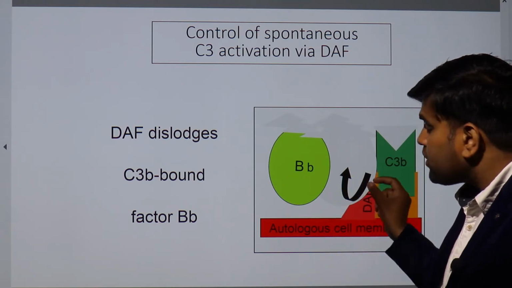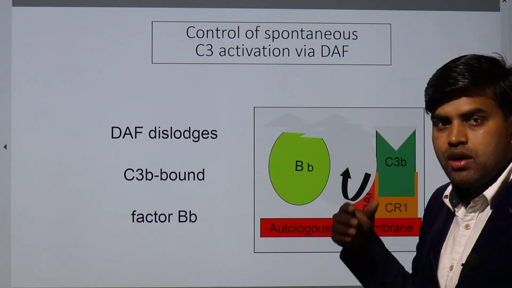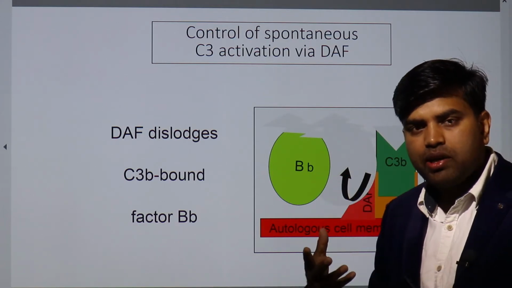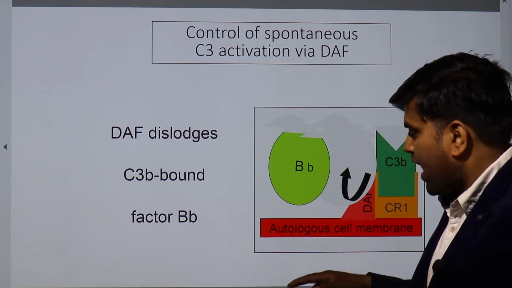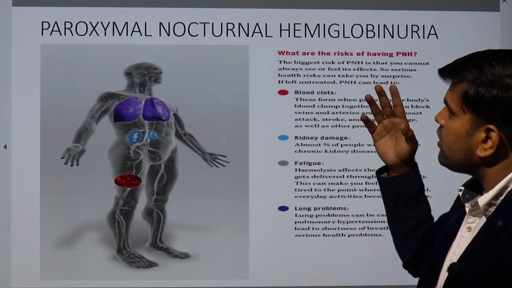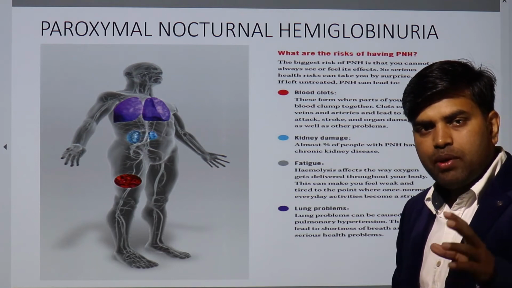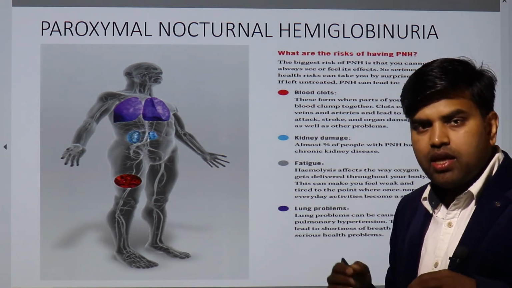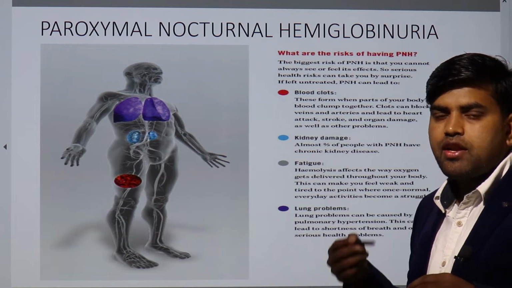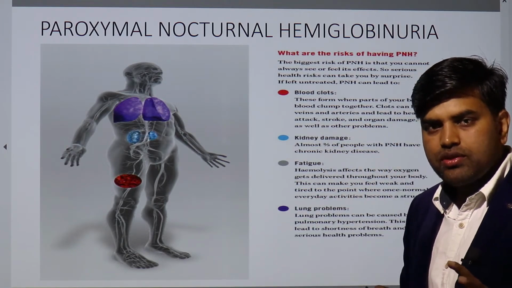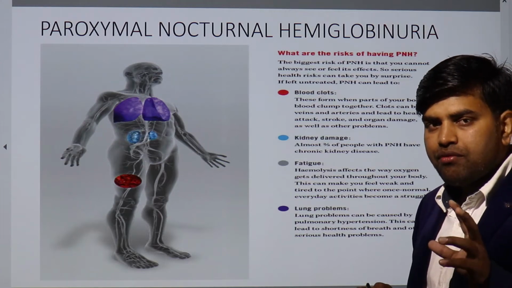If we remove the DAF protein, or if there is a congenital deficiency of DAF protein, then the alternative pathway will be activated continuously in our body, and we will develop the disease called paroxysmal nocturnal hemoglobinuria. So what is happening? The alternative pathway is getting activated, it is damaging your own RBCs, and you are developing this paroxysmal nocturnal hemoglobinuria. So you have to understand this concept very nicely.